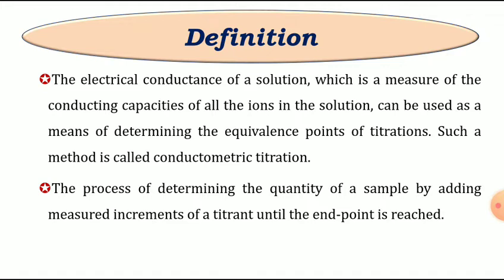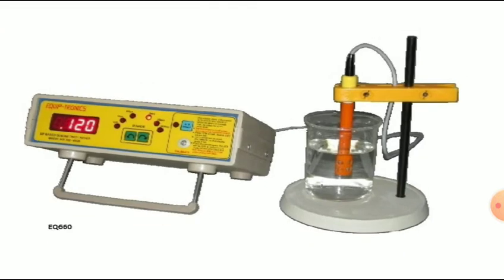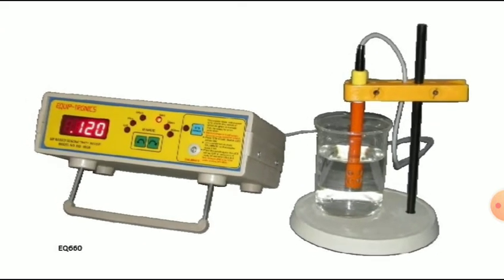Now we will see its actual principle. But before that, this is the picture of the conductimeter. On the left-hand side, the display unit is there in red color. It shows 120, which will be the conductance of a solution.